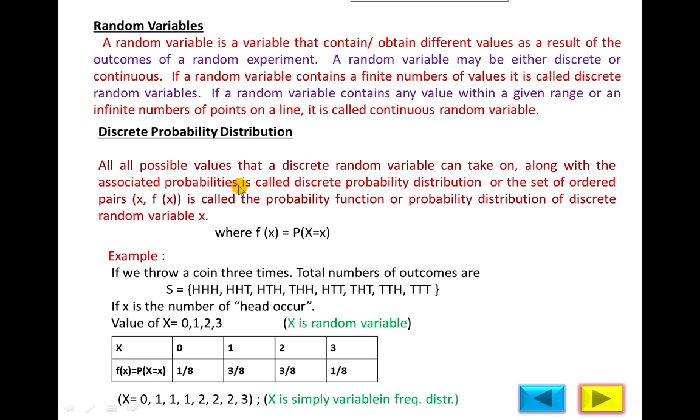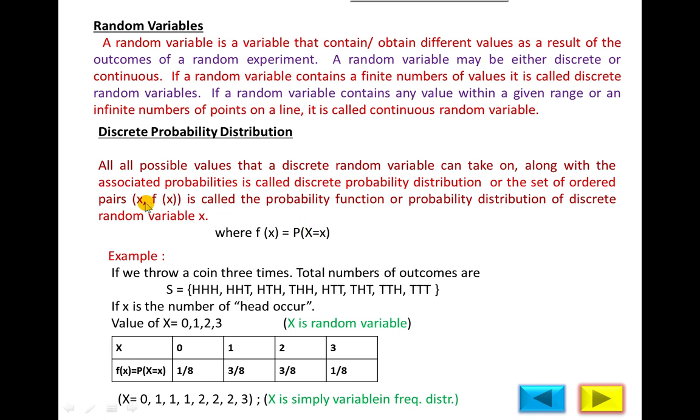In frequency distribution we represent the value of x with the corresponding frequencies, but in this, along with the associated probabilities, it is called a discrete probability distribution, or the set of ordered pairs. Ordered pair means value of x and probability of x. Probability of x is also represented by f of x, where f of x is the probability that X is equal to x.